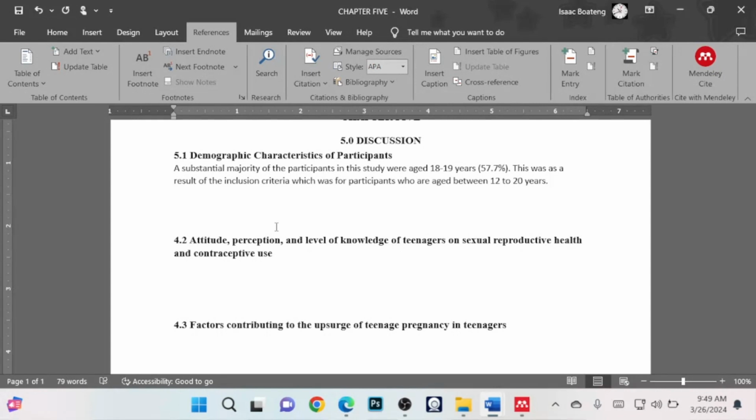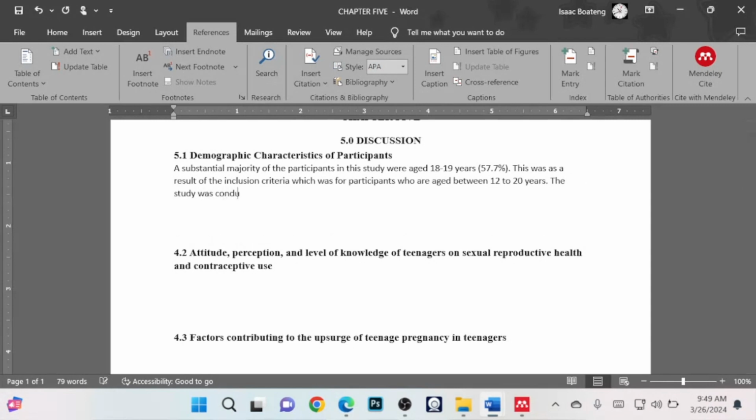I could also continue that the study was conducted among SHS and JHS students.